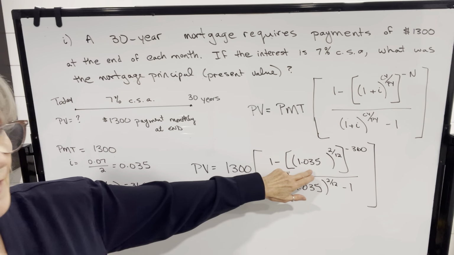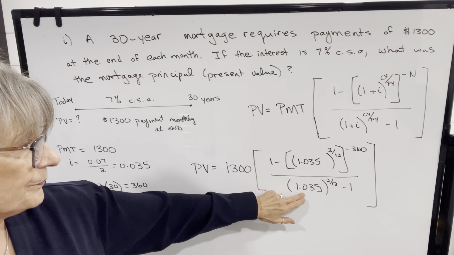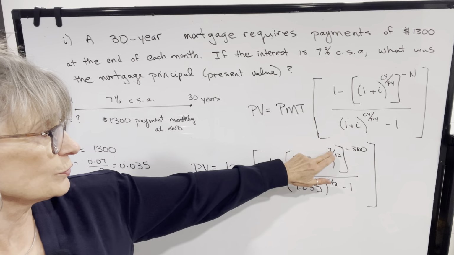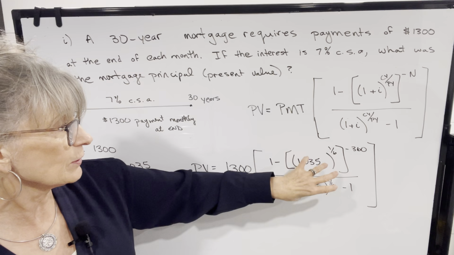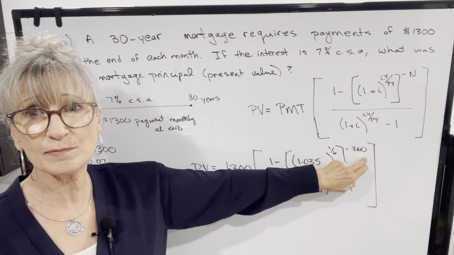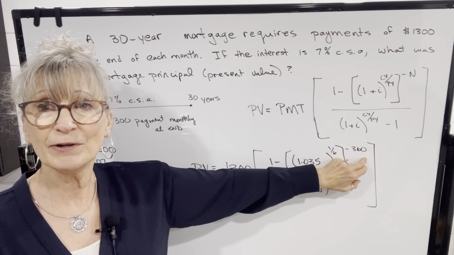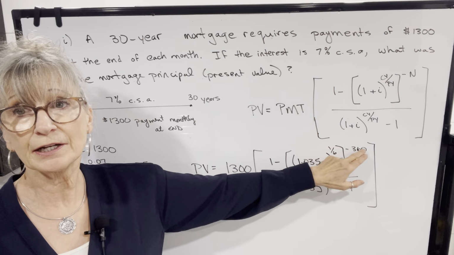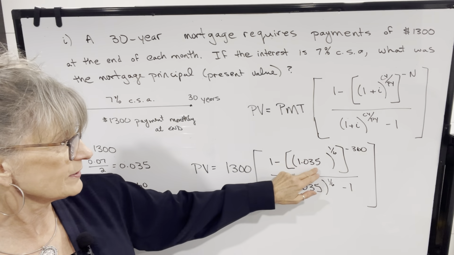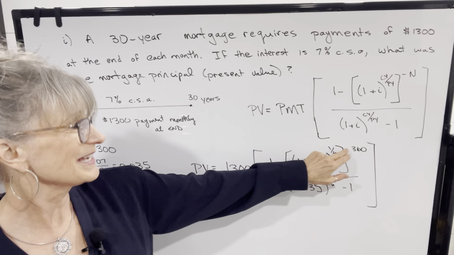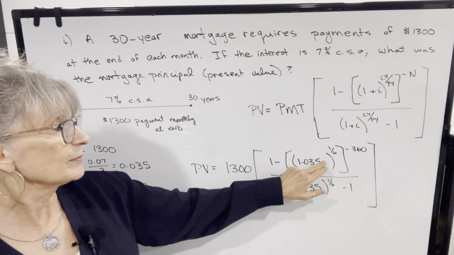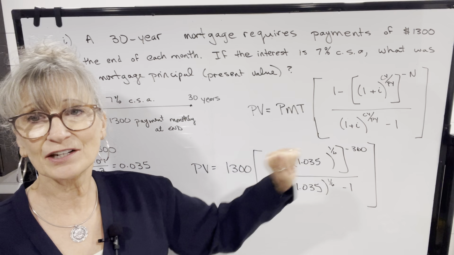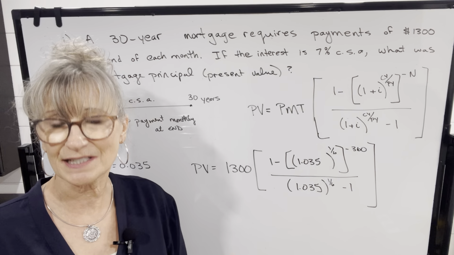So first of all, we can add 1 plus 0.035, and then we can reduce 2 over 12 to 1/6, and then we can use our law of exponents that allows us to take this power and raise it to this exponent and simplify it. The way we do that is we simply multiply the exponents. So 1.035 to the power of 1/6 to the power of negative 360 will be 1.035 to the power of 1/6 times negative 360, which is just negative 60.